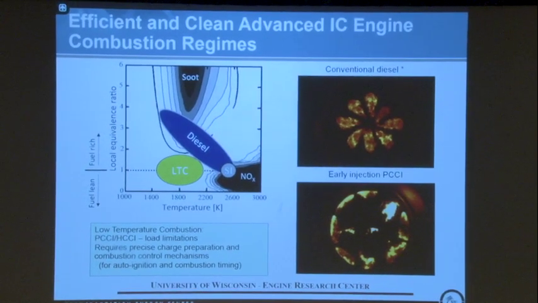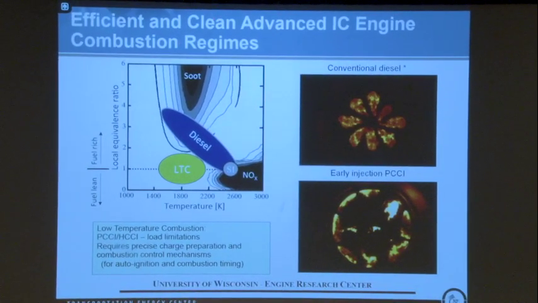So to burn efficiently and clean and with low emissions, there's this interesting chart where we plot the local fuel-air equivalence ratio. Stoichiometric is given by this horizontal line here, where fuel rich is above equivalence ratio of 1 and greater, and fuel lean is less than unity.